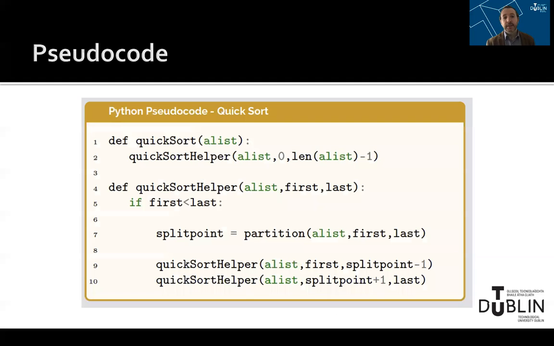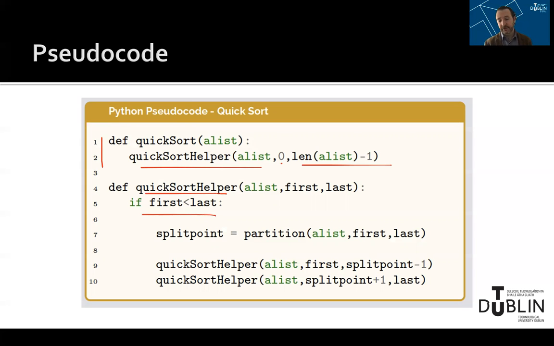So our pseudocode. Because quicksort is recursive, as in it keeps using itself again and again and again, we define something called quicksort that takes in a list, and it says which is the first element and which is the last element. And then we have quicksort helper. This is where it gets interesting.